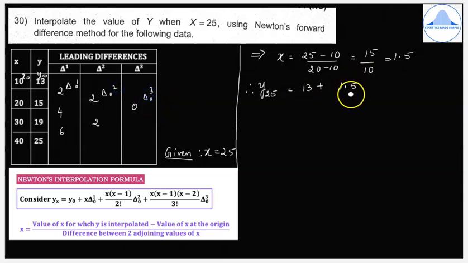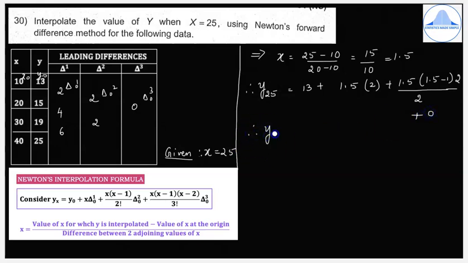So you'll get 1.5 into 2 plus 1.5 into 1.5 minus 1 divided by 2 factorial is nothing but 2, and you multiply by delta naught square which is 2. And since delta naught cubed is 0, anything multiplied by 0 is 0. So here I will write plus 0.